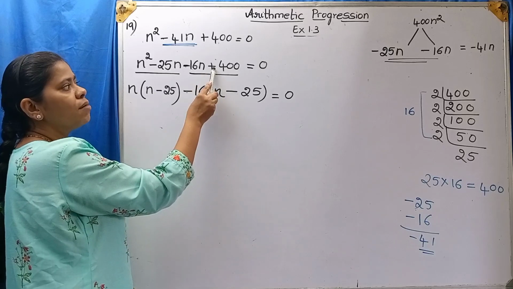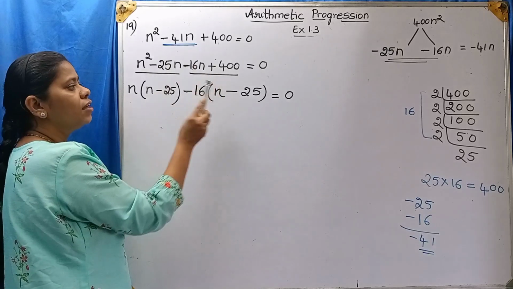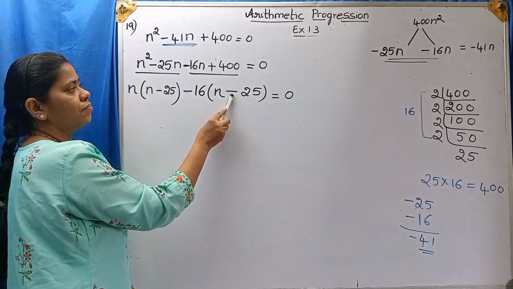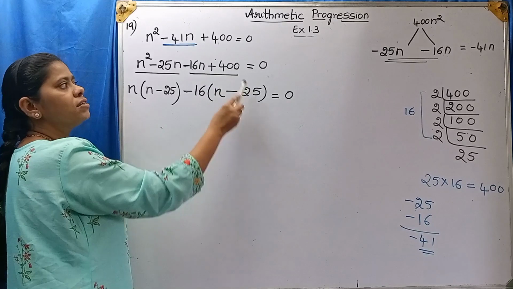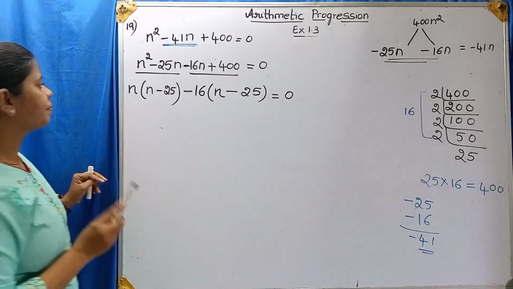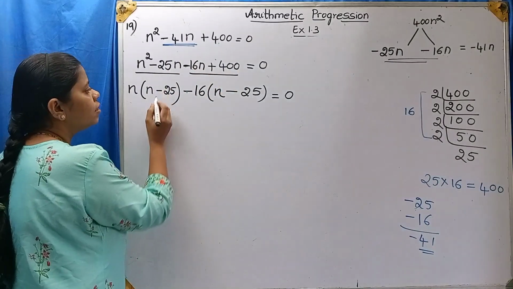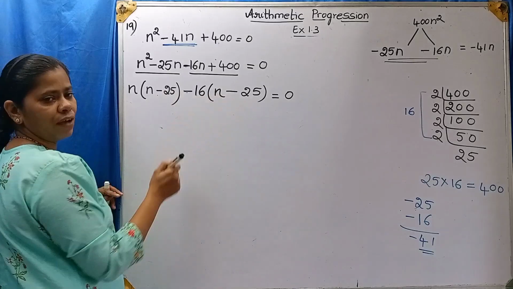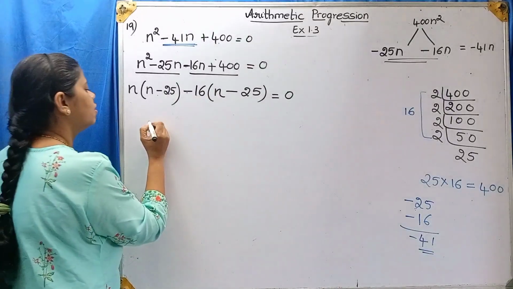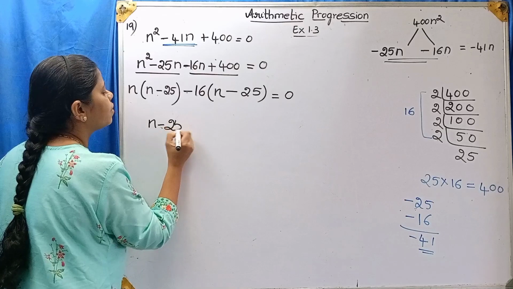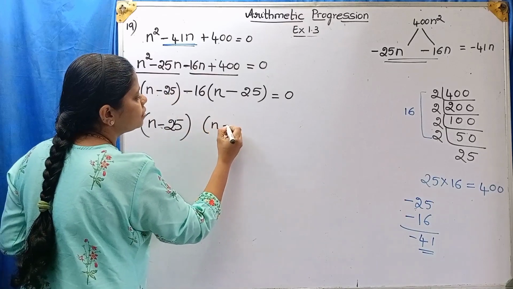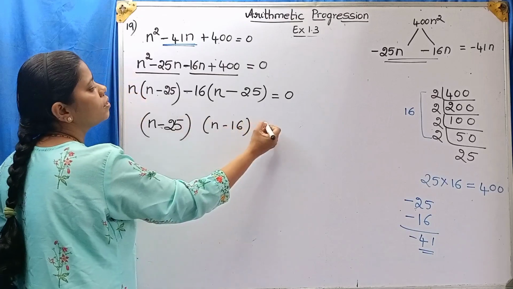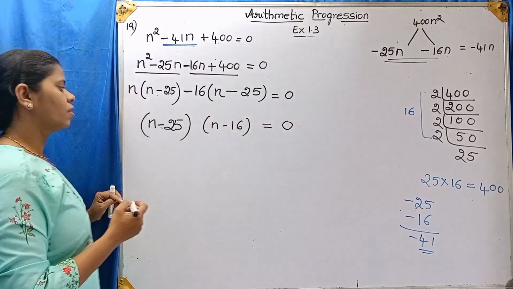Minus minus, it will become plus, right? Therefore, we have written here minus. Then 16 which are 400. 16 25s are 400, right? Now, n minus 25, n minus 25. Let me write only once. n minus 25 into n minus 16, okay, is equal to 0.